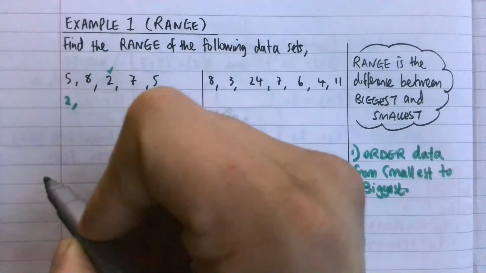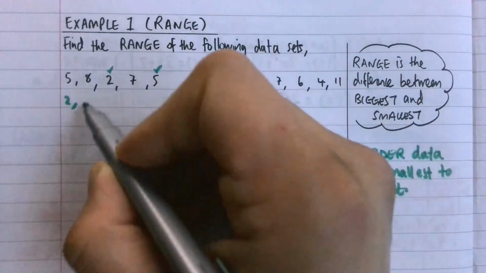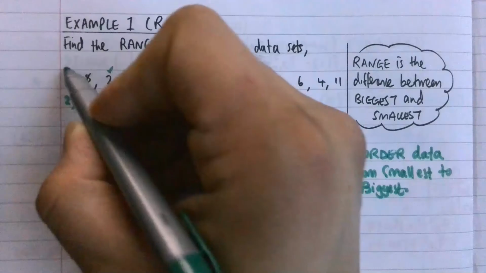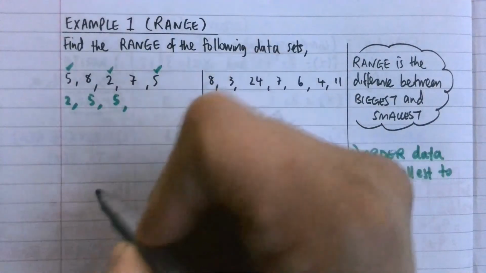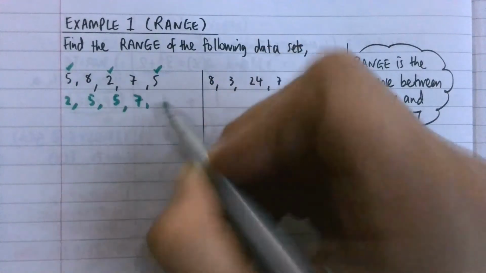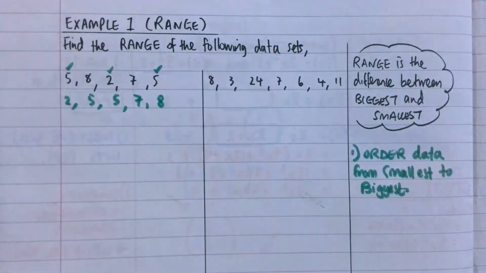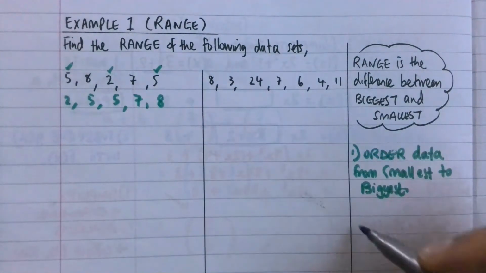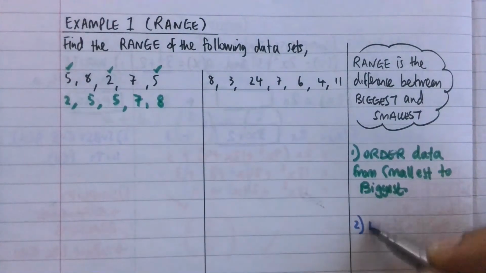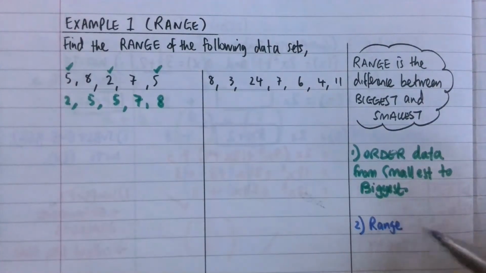So 2, then we have 5 and 5, and then 7 and 8. So again, I'm just ticking off the numbers once I've written them down, and I can then clearly see that the biggest number is 8 and the smallest is 2, so I'm just going to write that sum.